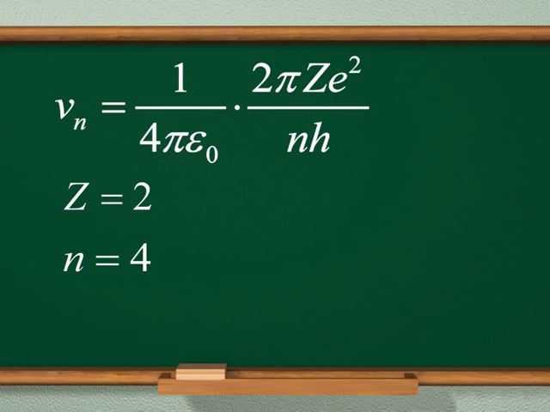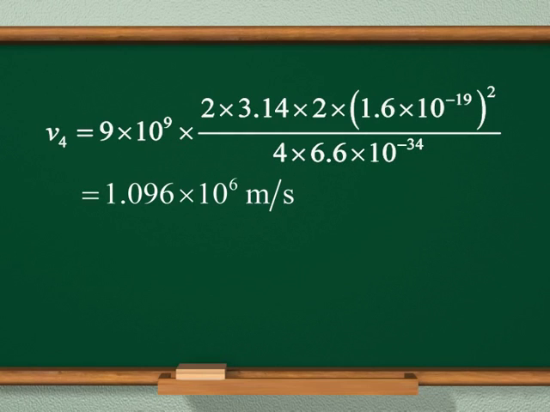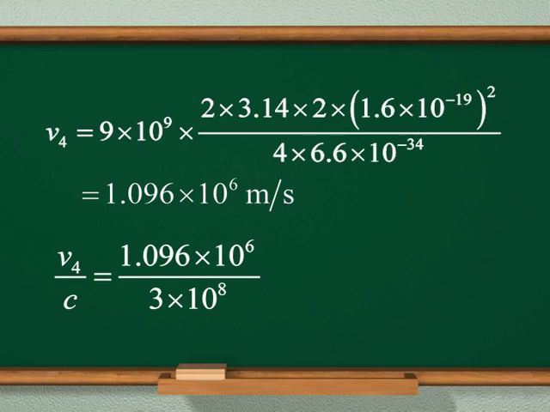Therefore, on substituting the corresponding values, we get V4 equal to 1.096 into 10 to the power 6 meter per second. Whereas, the ratio of V4 and the speed of light is 0.0365, which is much less than 1. Hence, non-relativistic approximation is true.